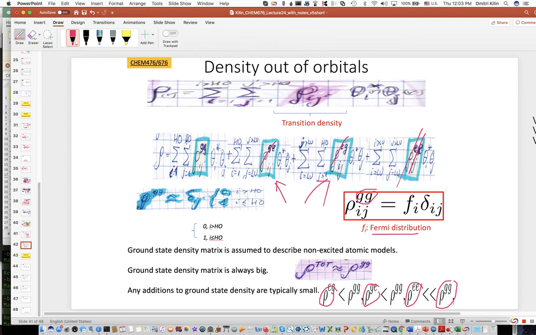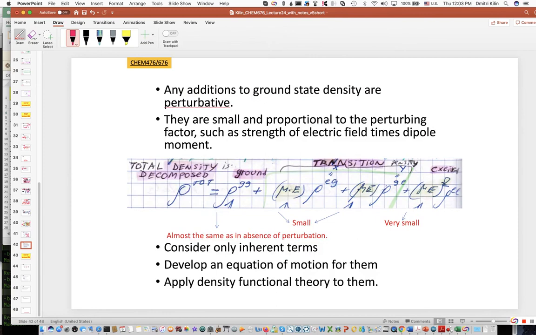Good. And going to the last slide. So the GG is big. The EG and GE are small, and EE are very small. The values of this transition density and excited density are linear and quadratic in the strength of the electromagnetic field.